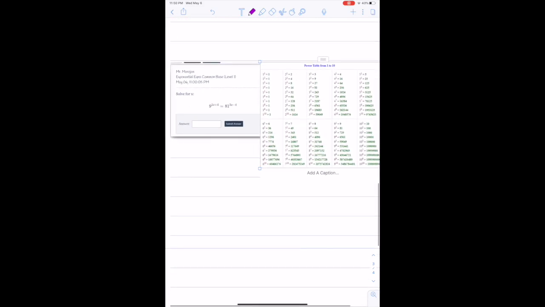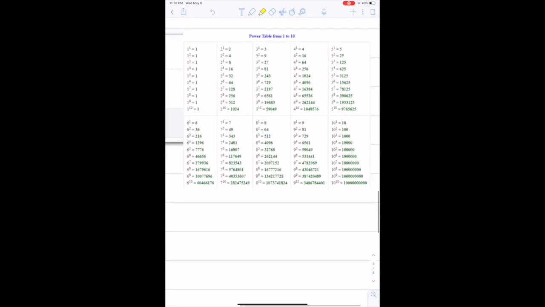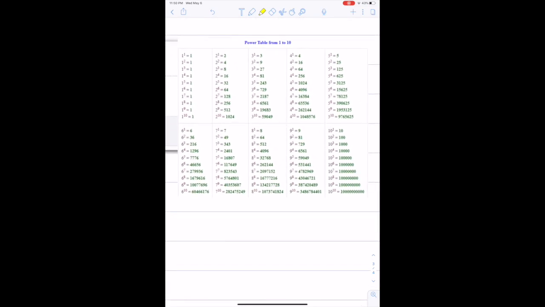Okay, so our last example like this is 9 to the 2x plus 4 is equal to 81 to the 3x minus 4. So again, right now my bases are 9 and 81. So I'm going to my table and I'm like, where's 9 and 81?